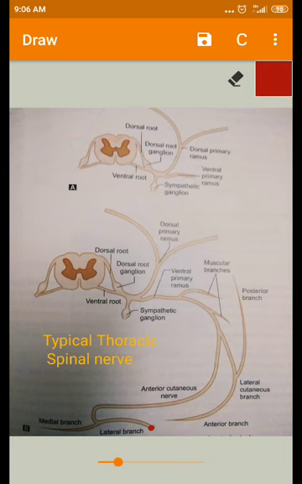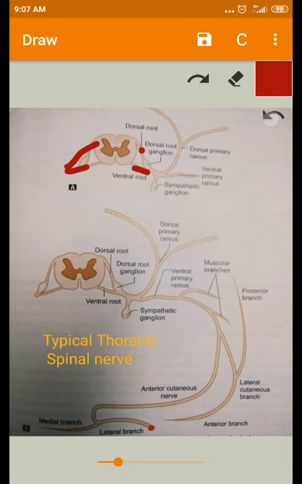As we know, the spinal cord is made up of 31 segments, out of which 8 cervical, 12 thoracic, 5 lumbar, 5 sacral and 1 coccygeal. A pair of spinal nerves coming from each segment of the spinal cord is called a spinal segment.